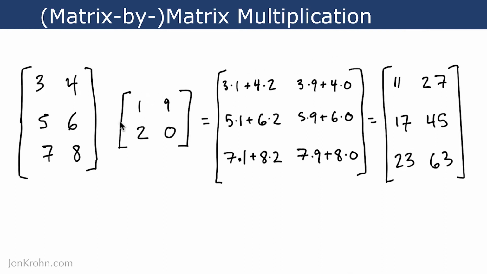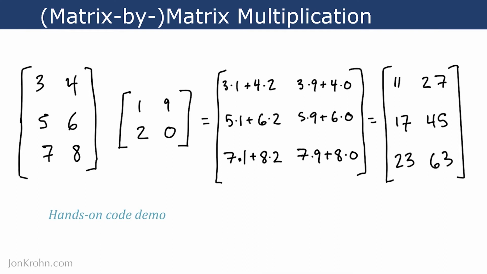So you could think of this matrix by matrix multiplication as kind of being many matrix by vector multiplications, where the vector is a 1 by 2 column vector or a 9 by 0 column vector, and then we just stack those vectors next to each other in the resulting output. That's a behavior that we're going to see and play around with a lot in the second subject of the Machine Learning Foundation series, which is coming up pretty soon now.